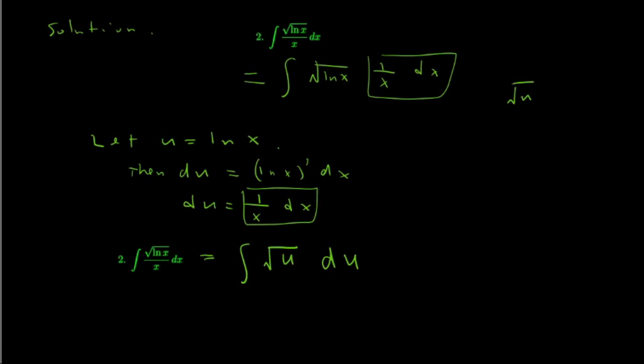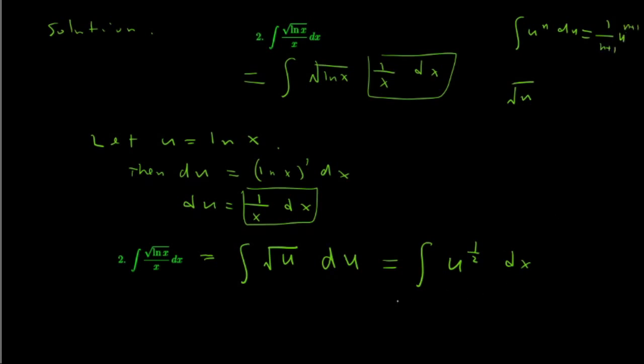Now we just evaluate the new integral of u. It's a radical function which can be rewritten in the form of a power function, right? So the integral of square root of u can be written as u to the power of 1/2. The power rule we are going to use is the indefinite integral of u to the power of n, where n is not -1, is equal to 1 over n plus 1 times u to the power of n plus 1.